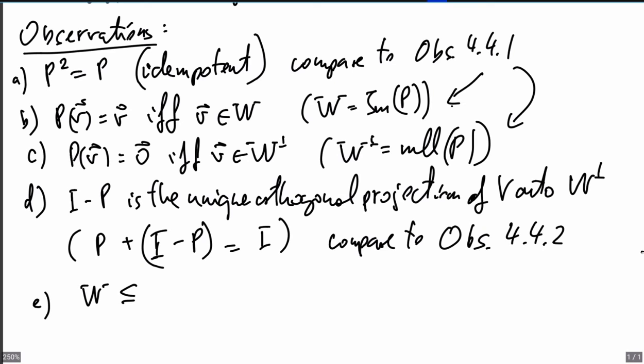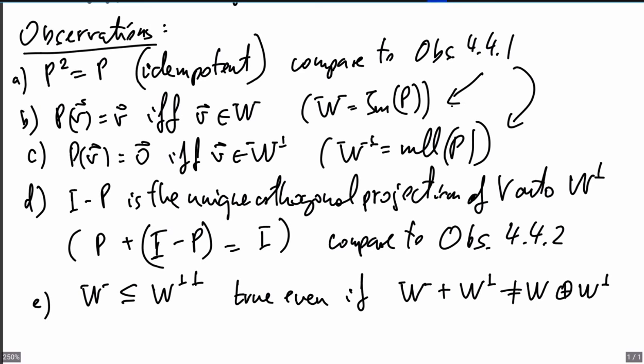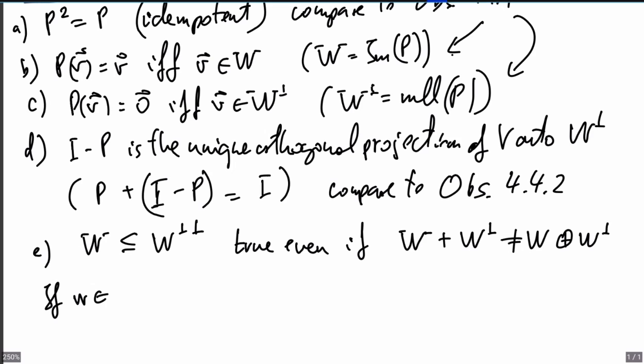For the next one, we don't really have a comparison as far as I remember, and this is that W is a subset, or subspace actually, of W perp perp. So this inclusion is actually true even if the sum of the subspaces W and W perp is not a direct sum. And that's because if w is a vector in W space, then for all u in W perp space, we have that w is orthogonal to u.